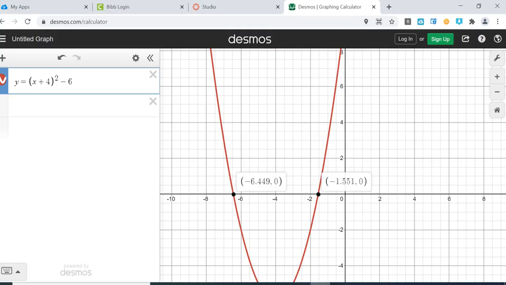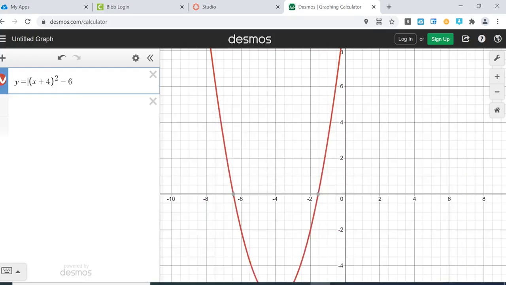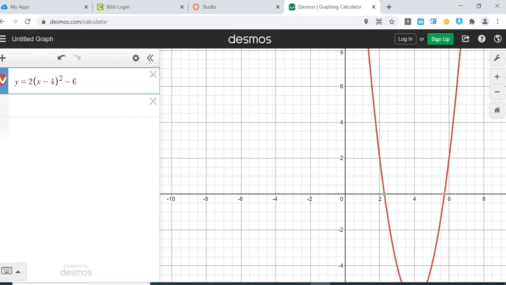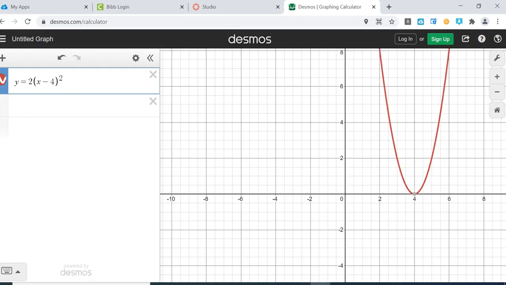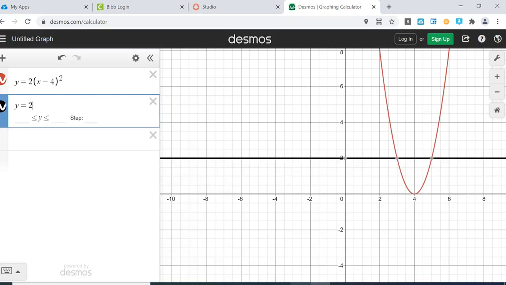Go to your Desmos graphing calculator and put in 2(x - 4)². And the second function, y = 2.